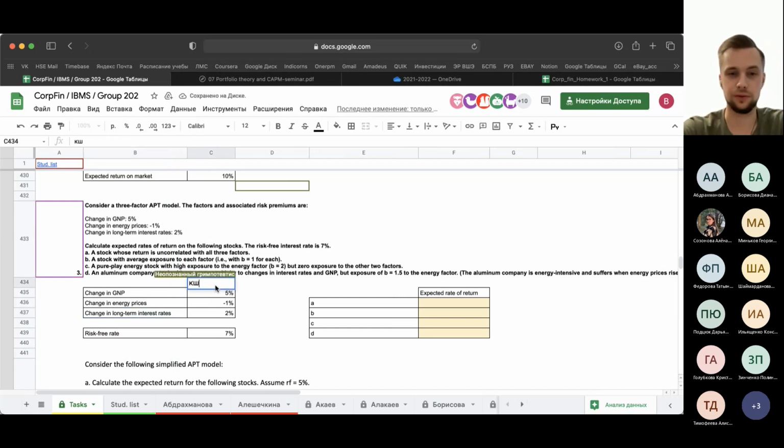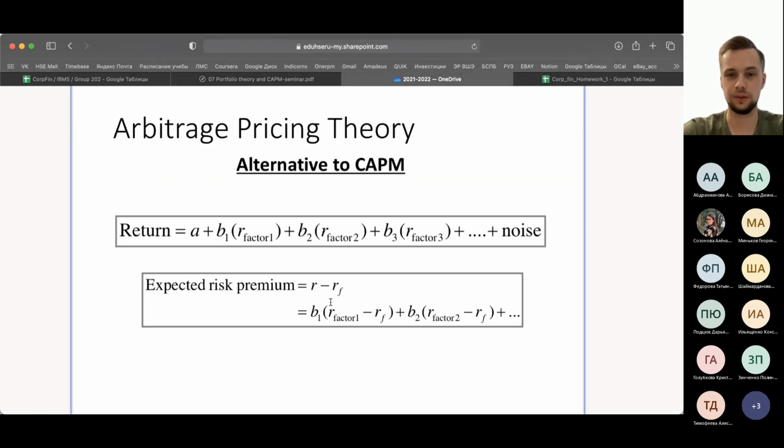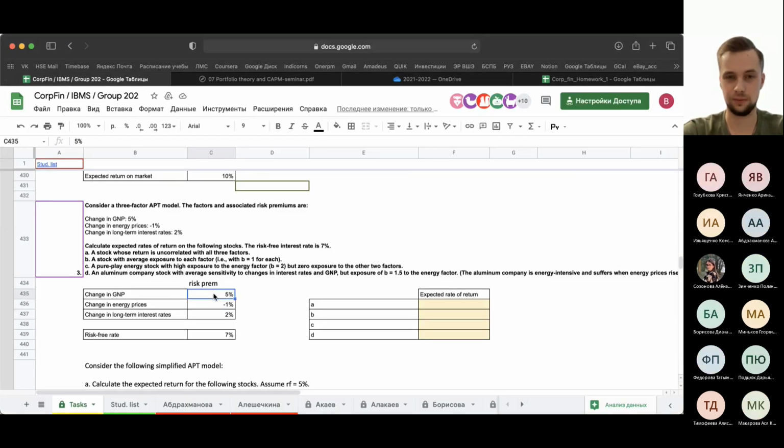The risk premiums for these factors are the following: 5%, -1%, and 2%. So for the factor of GNP, the risk premium, this thing in brackets, is 5%. The risk-free rate is 7%.